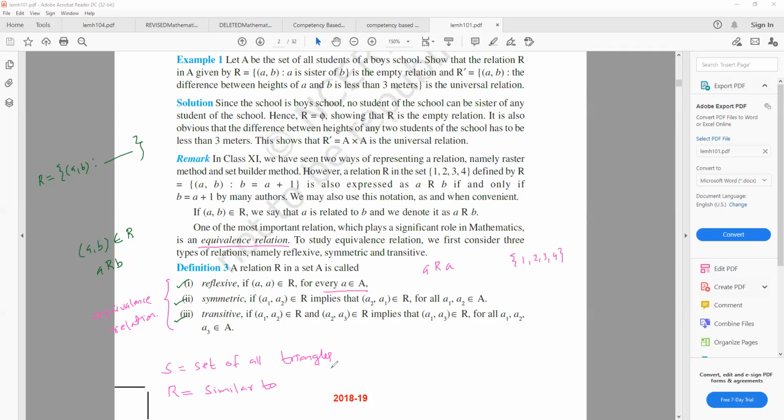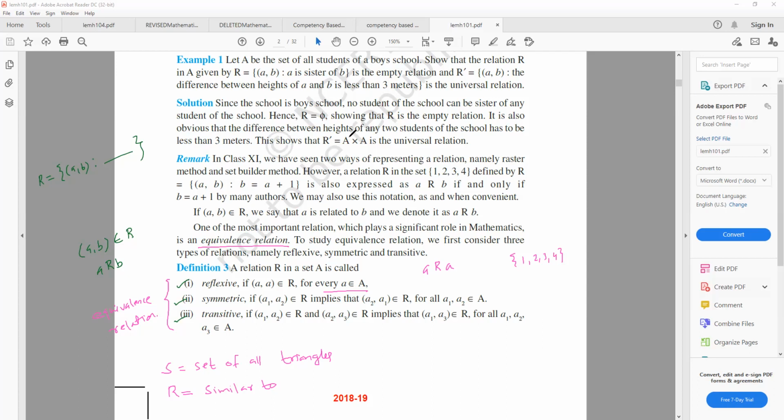But what does reflexive mean? Every element should be related to that element itself. So take any triangle, that triangle will be similar to that triangle itself, right? Yes, sir. We are not discussing some other triangle.